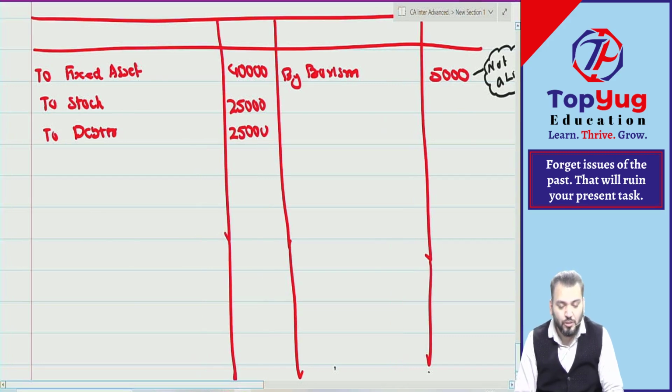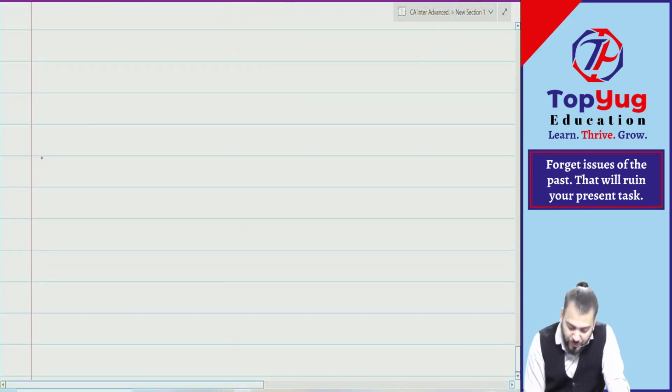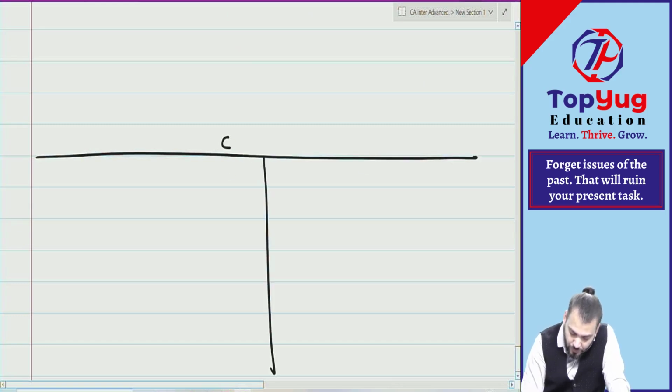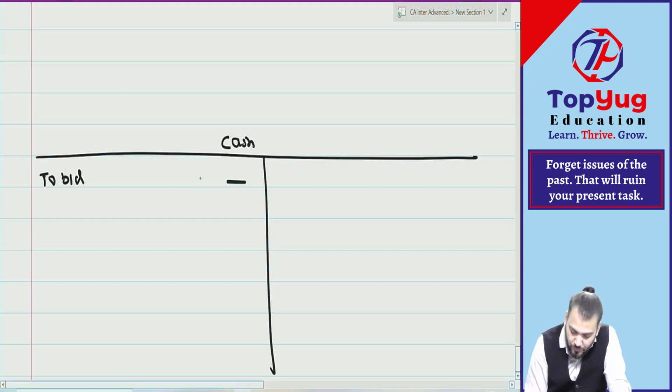So by provision you have written, then to cash. Which account will we open? Cash account. To balance brought down, 1,000.